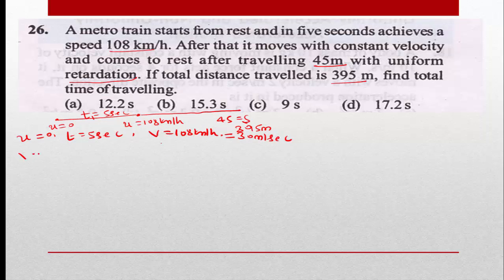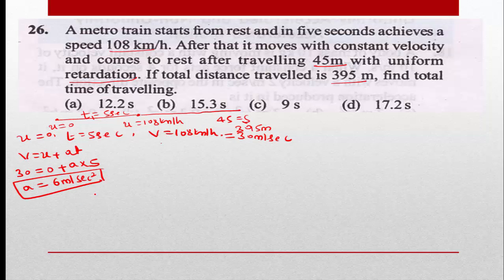Therefore, v is equal to u plus at. 30 meter per second equals initial velocity 0 plus a into time t, which is 5, and a is equal to 30 divided by 5, that is 6 meter per second square.